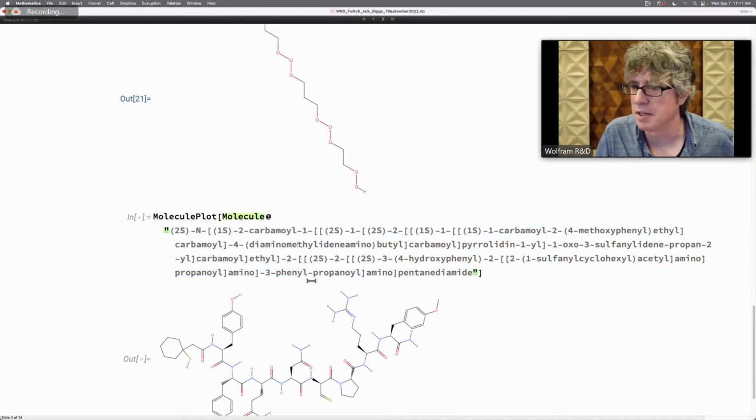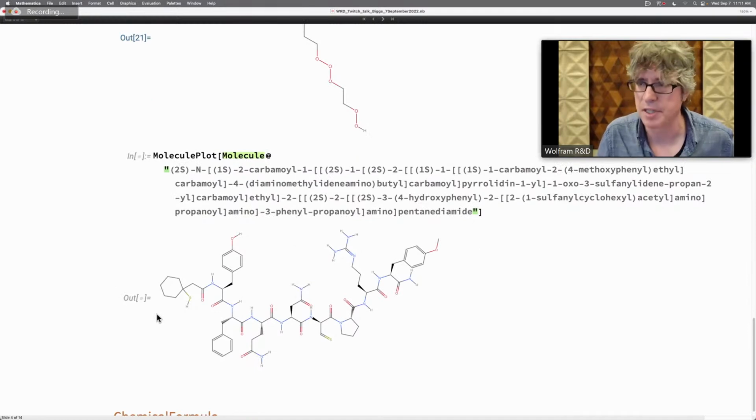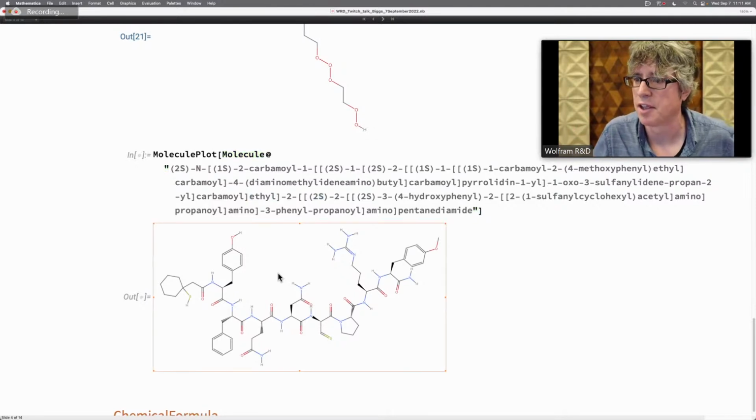It doesn't call PubChem, it doesn't call the Wolfram knowledge base. It reads this from left to right, paying attention to the branching involved in the brackets, the stereo specifications, the different fragments specified here, and can come back with this molecule.